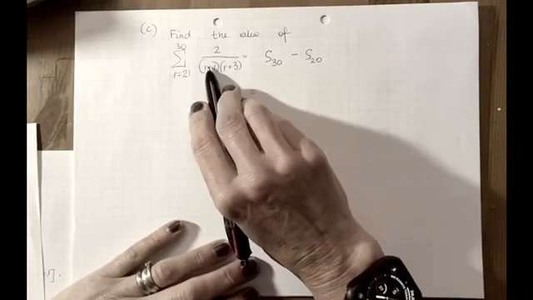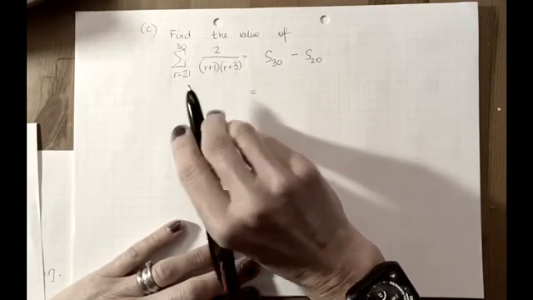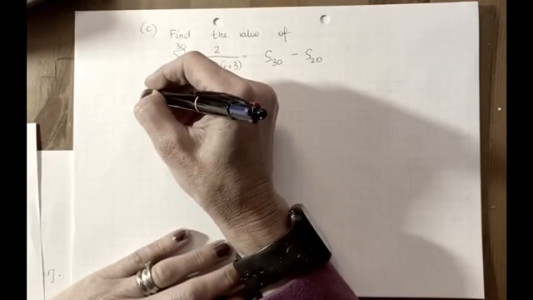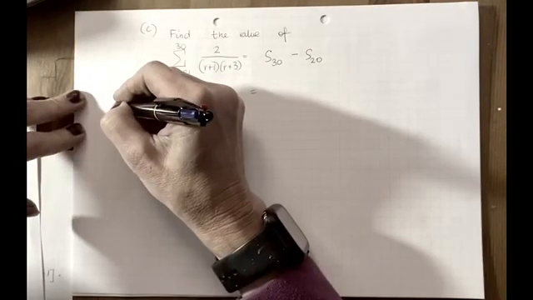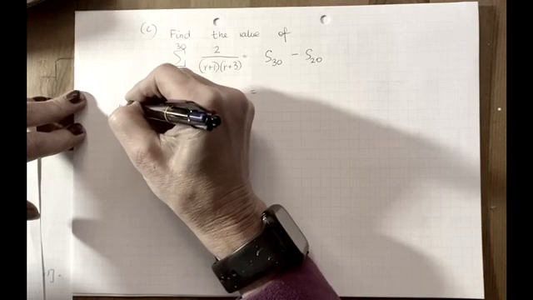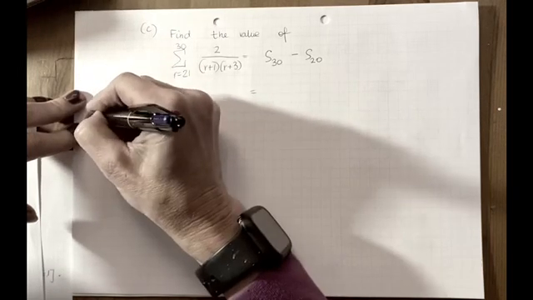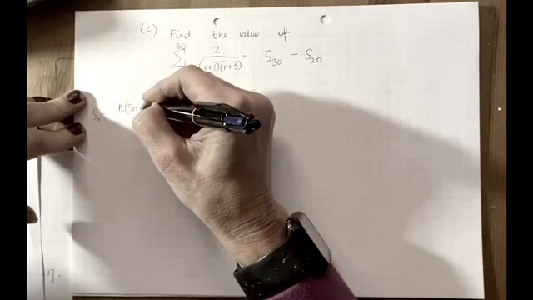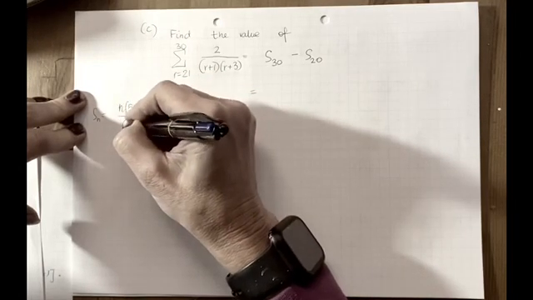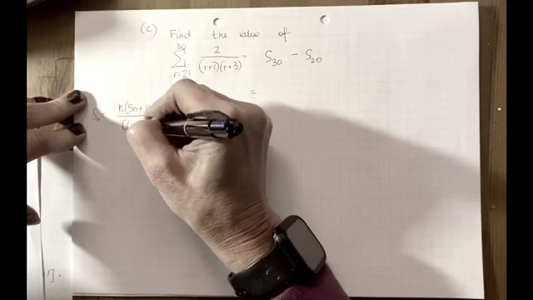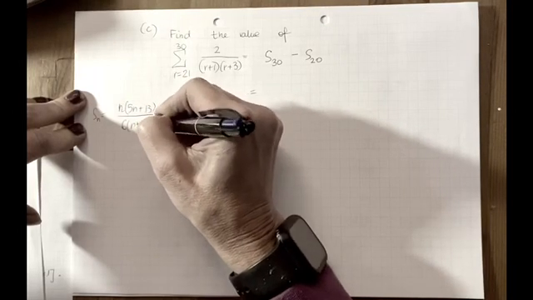So we are going to substitute 30 into our final result here, which was Sn equals n times 5n plus 13 over 6 times n plus 2 times n plus 3.